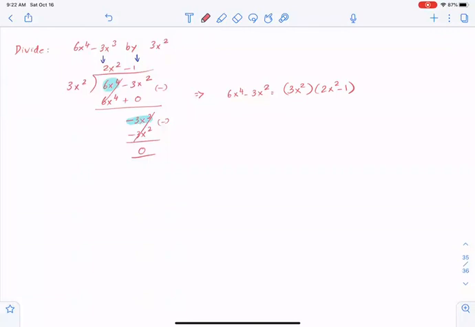The remainder in this case is 0. So the given expression is fully factorable.